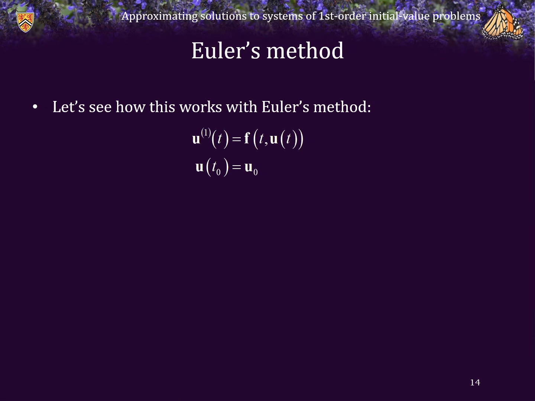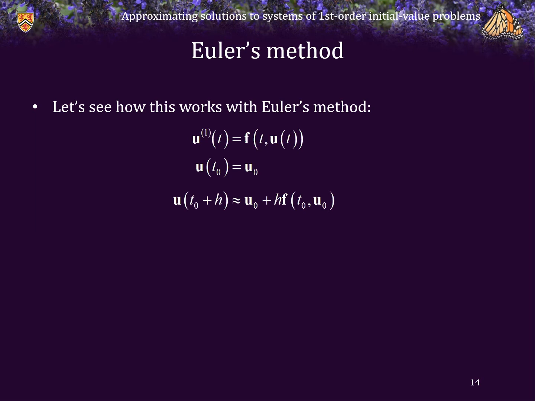Well, let's see how this works with Euler's method. So essentially here we have our initial value problem, or system of initial value problems. The derivative is a vector valued function of the independent variable t and the position vector u, and we have the position at some initial time t naught, and that is given in some vector u naught.